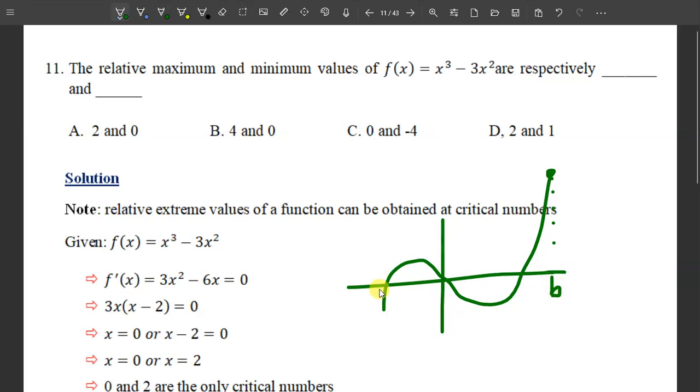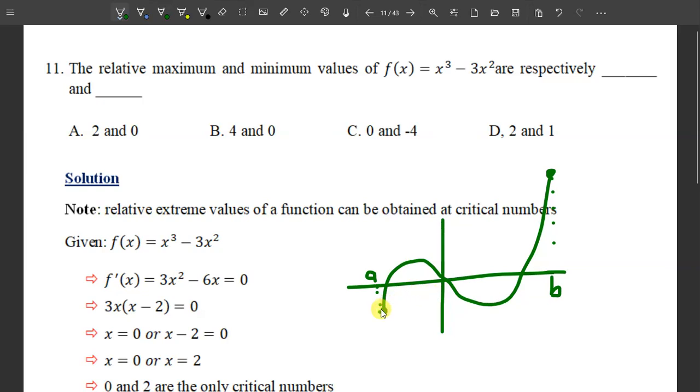Suppose this function is continuous in the interval a up to b. If we stop in this interval, then f of b is going to be the absolute maximum value, and f of a is going to be the absolute minimum value.